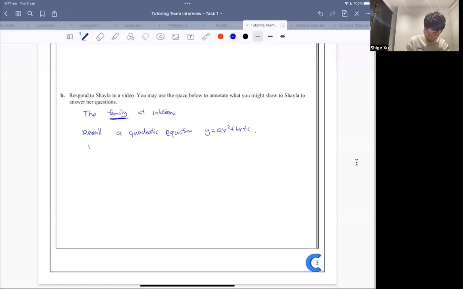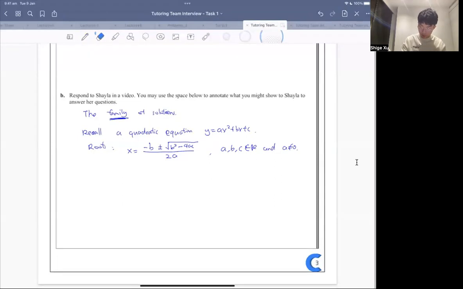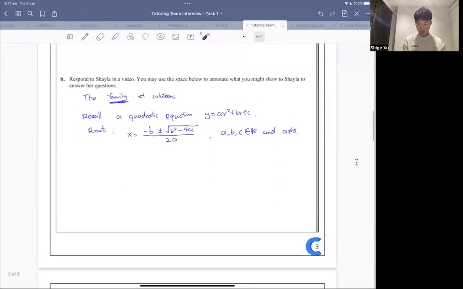And to solve for the roots, we have x equals minus b plus or minus root b squared minus 4ac, divided by 2a, where a, b, c are real numbers and a is non-zero. So that's just something we know from the textbook.